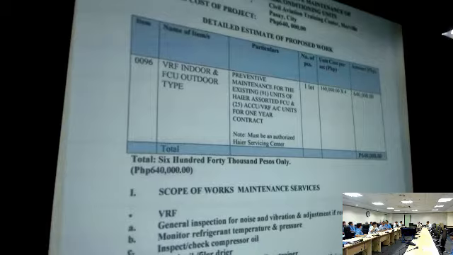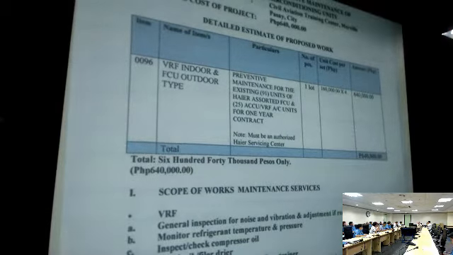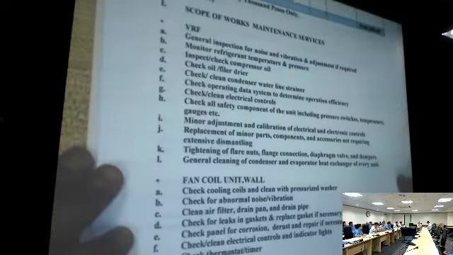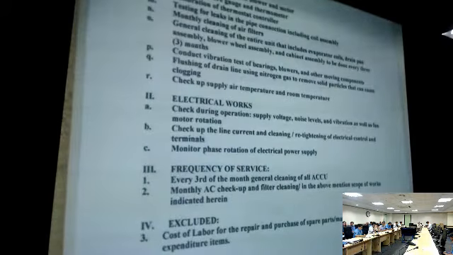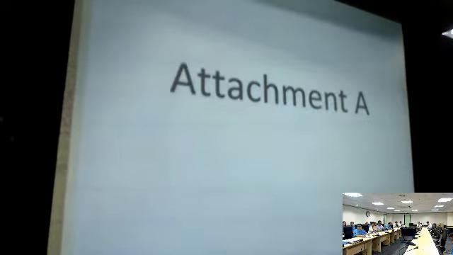CATC, sir. So this is only maintenance, there is no procurement. And it is worth 640,000. How many? 90.